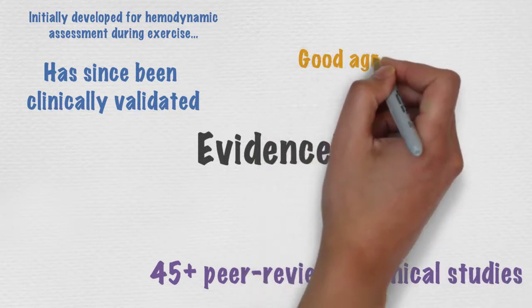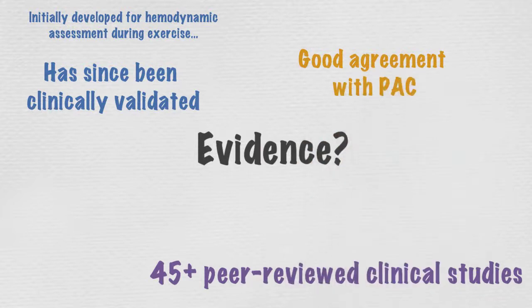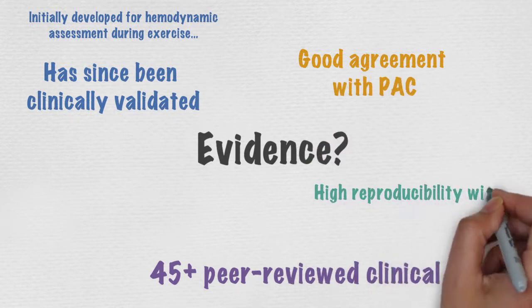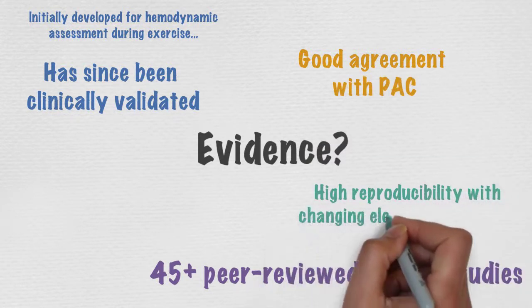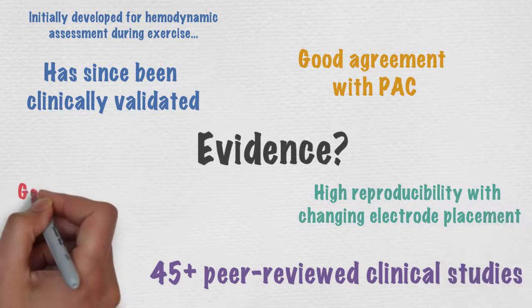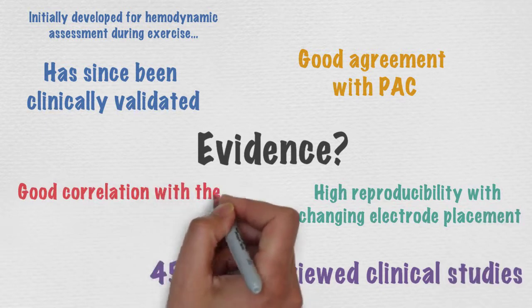Overall, they show good agreement with the pulmonary artery catheter and thermodilution. Exact electrode placement isn't required with HD-ICG, with a high reproducibility measured across small variations in location. And field assessments comparing HD-ICG with the ODM Plus have shown good correlation.